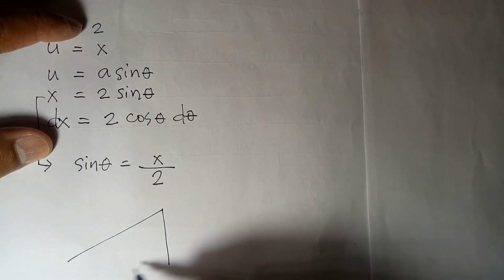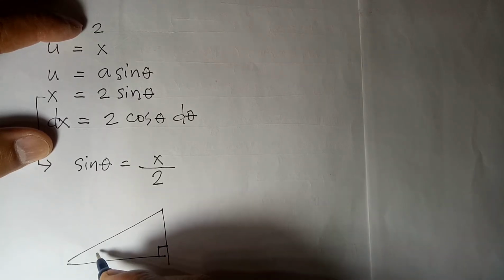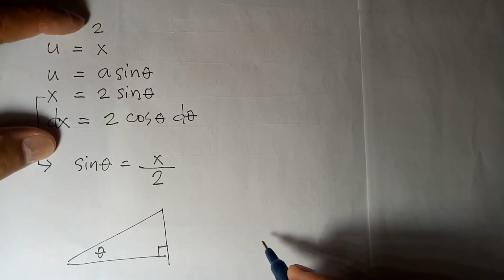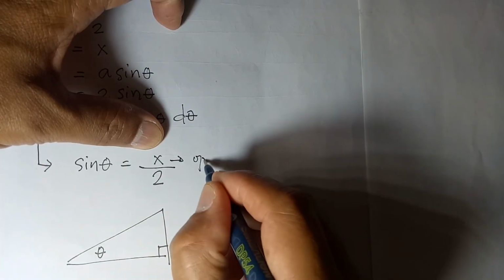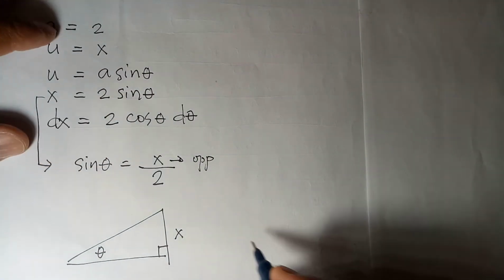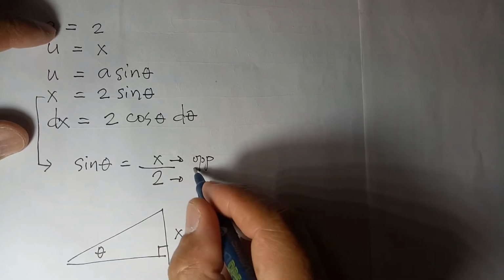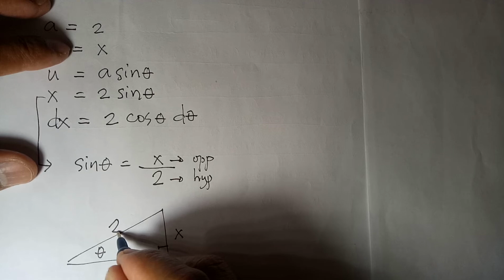Okay, so let us draw the right triangle. So let us say this is the angle theta. So when we say sine, this is opposite, divided by the hypotenuse. So ito naman yung hypotenuse, 2.